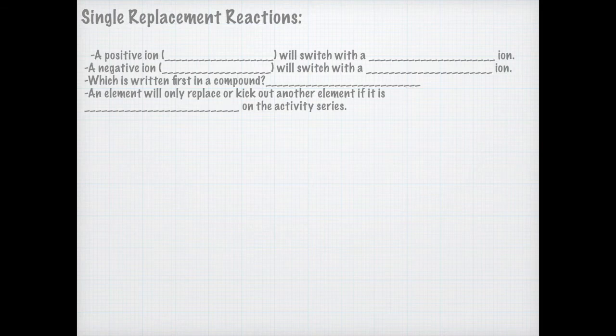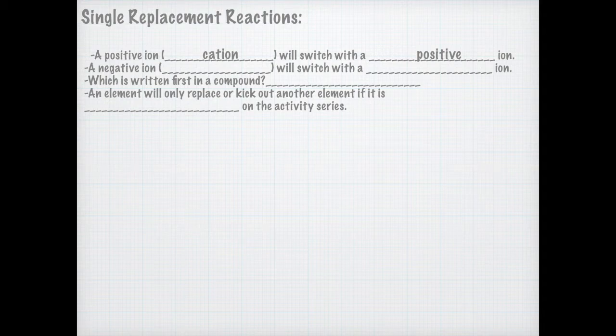So here are some of the rules for you to keep in mind when we're talking about single replacement reactions. The first one is that the positive ion, also called the cation, is going to switch with another positively charged ion. So the atom that comes along to kick out a partner, if it tends to have a positive charge when it is an ion, will kick out another positively charged ion.